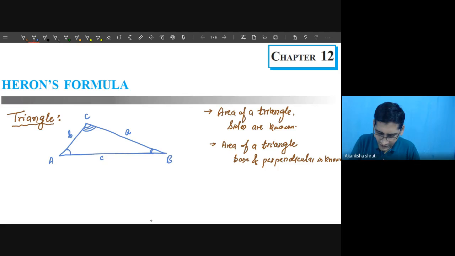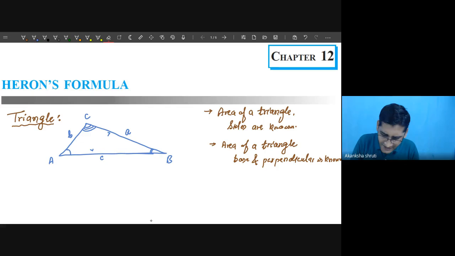Angle A is one of the vertices, then the other vertex B, another vertex C. In front of angle A, the side BC is denoted by a small a. In front of angle B, the side AC or CA is denoted by a small b. And in front of angle C, the side AB is denoted by a small c.